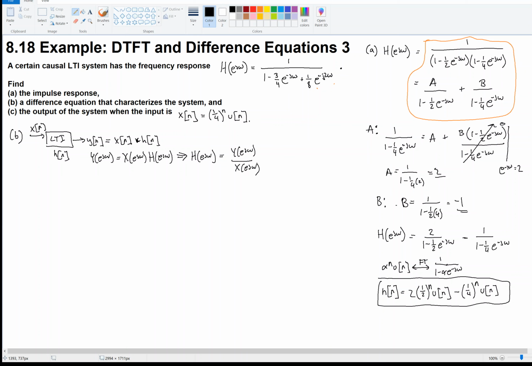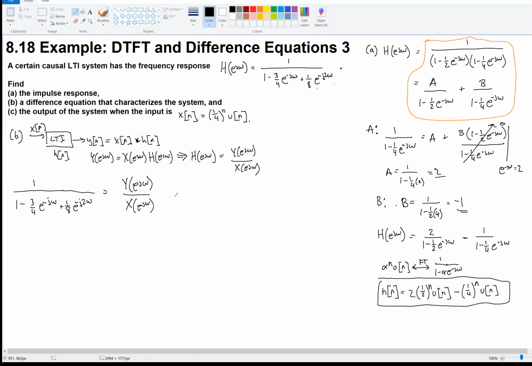Okay, so let's take the original H. So we've got 1 over 1 minus 3/4 e to the minus j omega plus 1/8 e to the minus j2 omega. There's the original capital H. And that's a ratio then of Y of e to the j omega to X of e to the j omega.